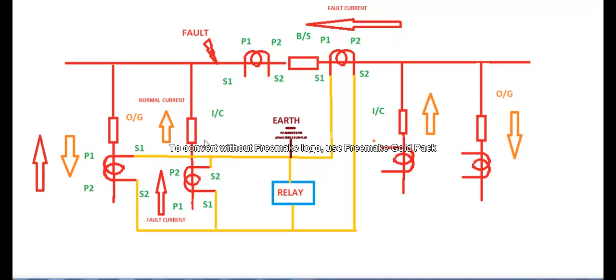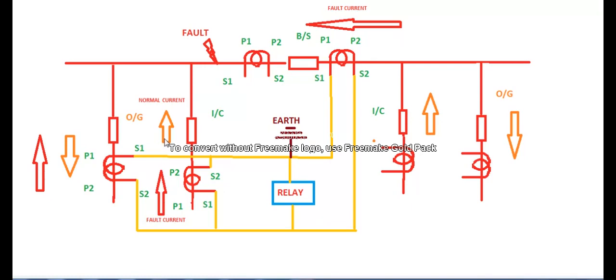Now this is the incomer feeder, this is the outgoing feeder, and this is the bus section, or bus type as you like. Normally the current flow is towards the bus. This is normal current; I will differentiate fault current and normal current.